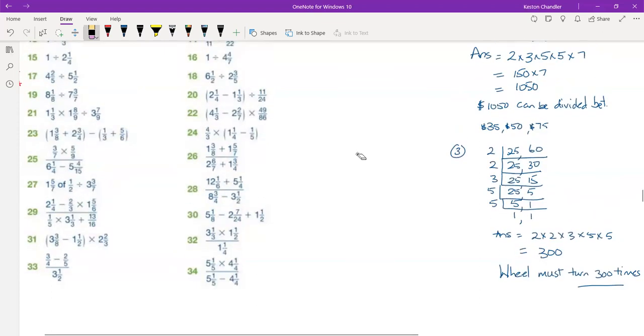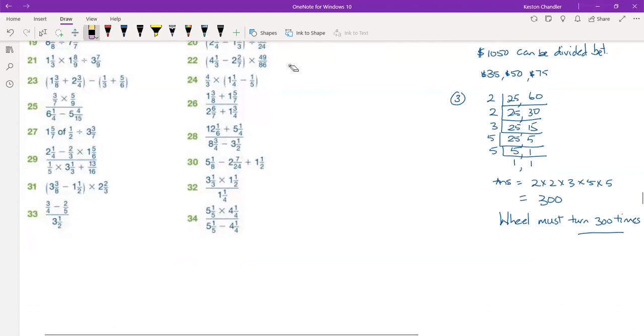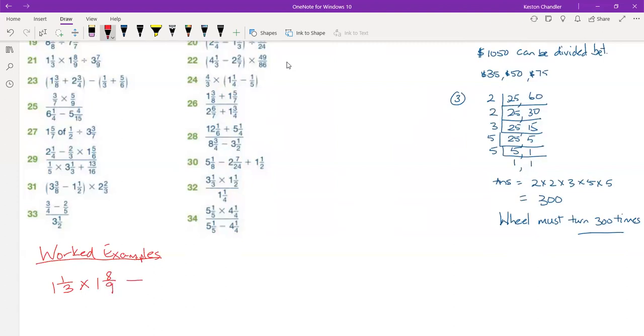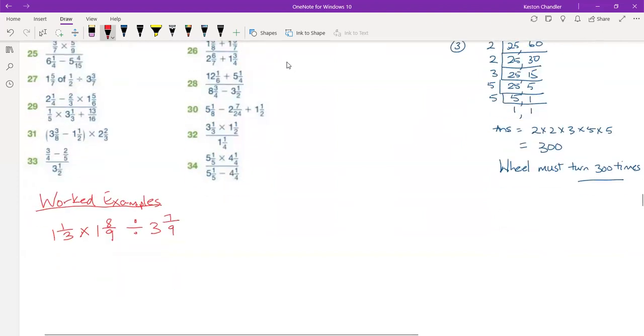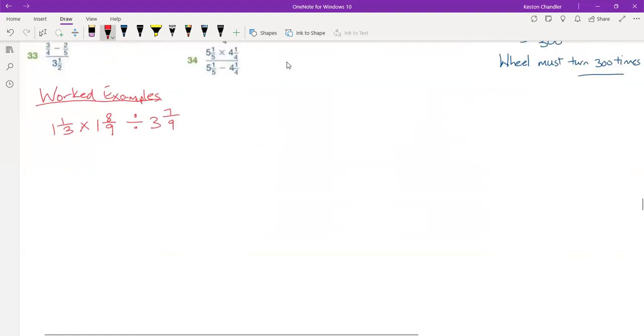I'm going to do some worked examples. I want you to look at the way in which I approach these, right? There's a particular way that I would suggest you approach your fractions when you're doing them.